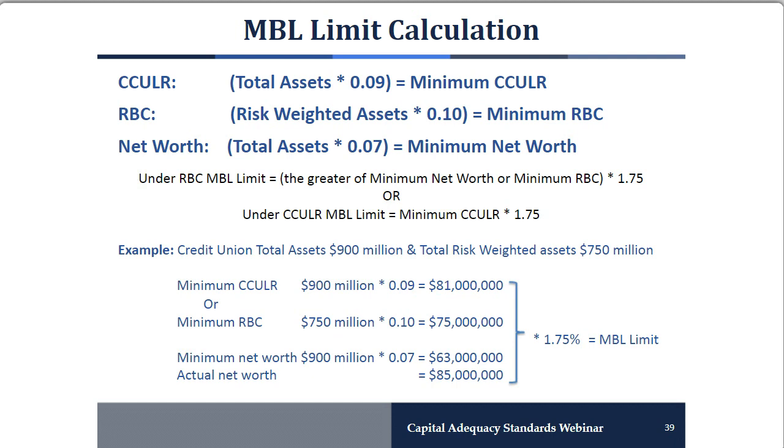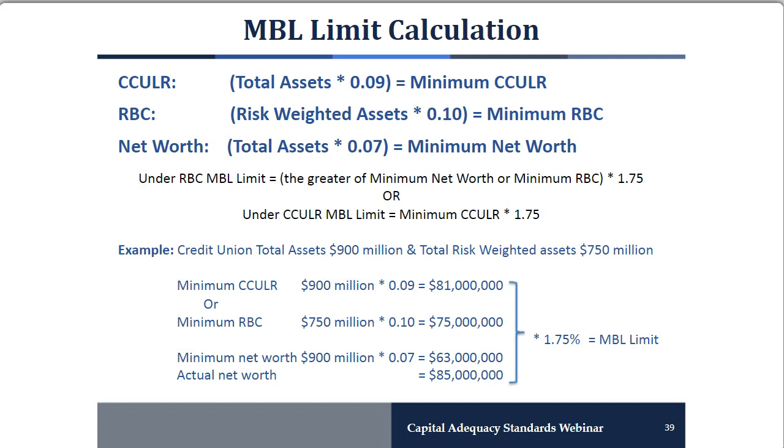Second, we look at the minimum net worth to be well capitalized. The greater of the RBC or CULR, whichever they have opted into, or net worth can then be multiplied by 1.75 to determine the MBL limit.